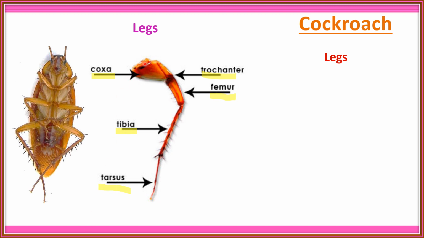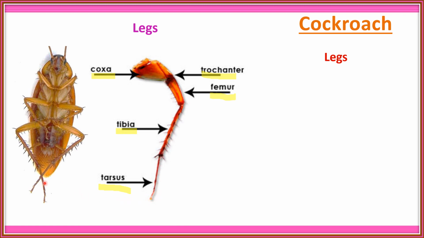The first part here is what we are calling the coxa. And then from the coxa, we move to the trochanter. Trochanter is that part connecting the coxa to the femur. Then from the femur, we join to the tibia, then tibia to the tarsus.